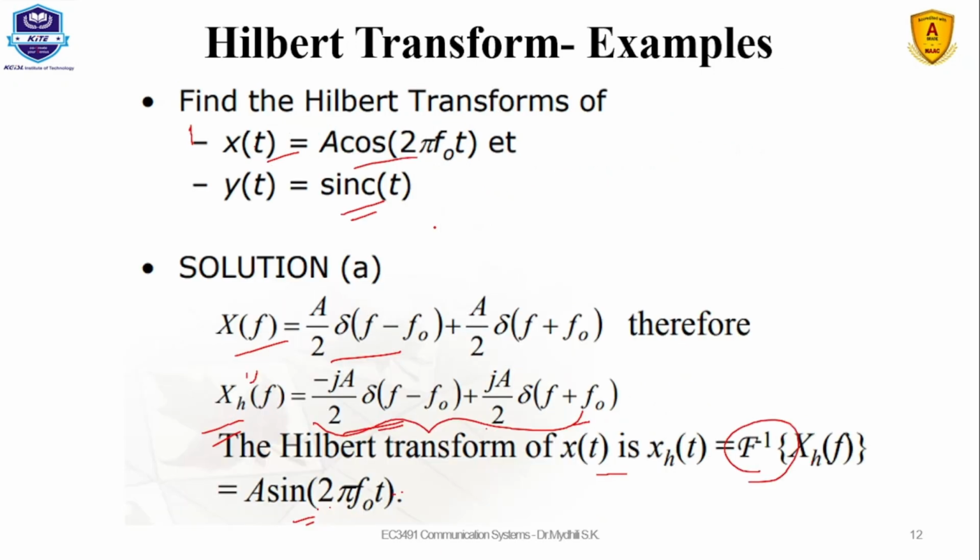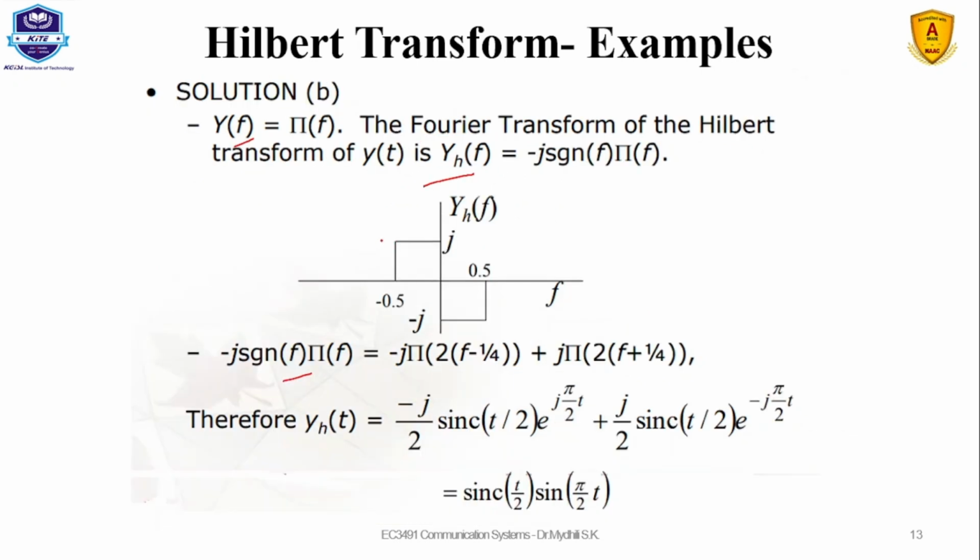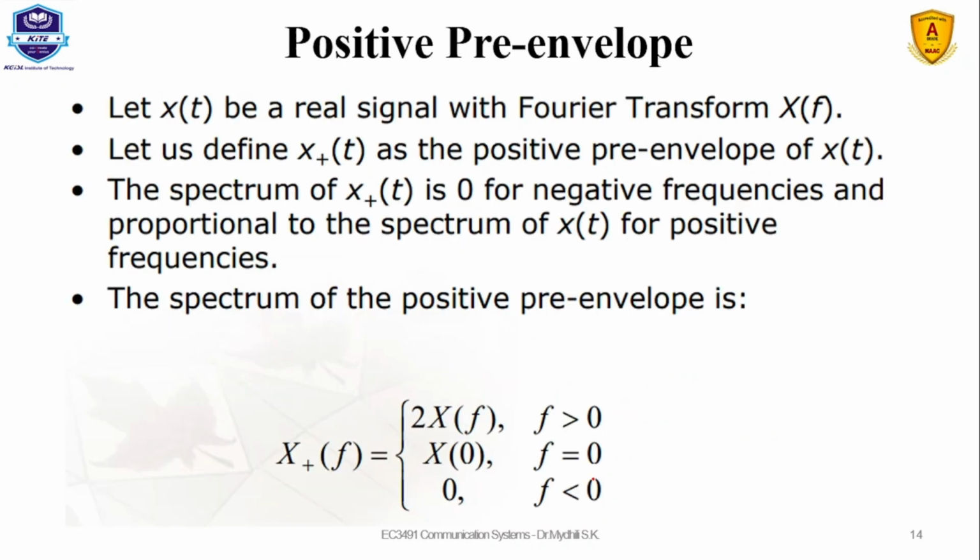Here I am taking a signum function of the sinc function, which is t. In terms of signum functionality, I am going to represent it with respect to minus 0.5 to plus 0.5. The signum function of pi by f is represented with respect to minus j into pi of 2 into f minus 1 by 4, and the same term with respect to the f plus term. Taking y h of t, that is the inverse functionality, we will get these two terms.